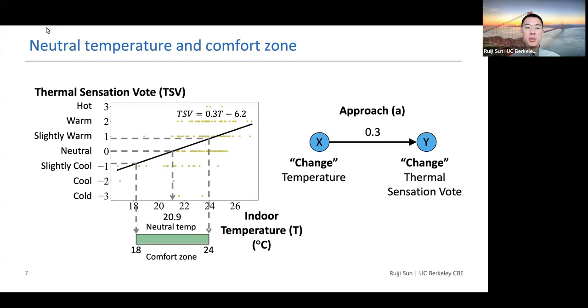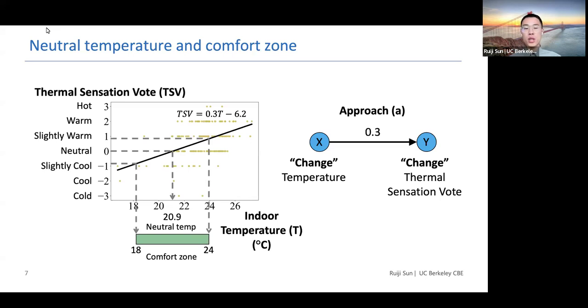And commonly, they put the TSV on the y-axis and the temperature on the x-axis, because they think the temperature is the independent variable, and the thermal sensation vote is the dependent variable. From a causal perspective, the causal relationship is from temperature to thermal sensation vote.